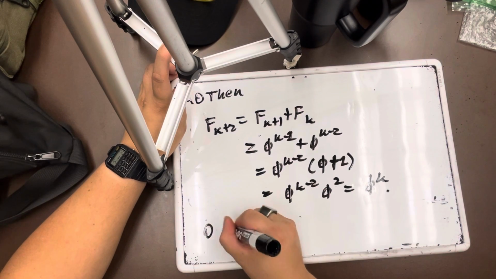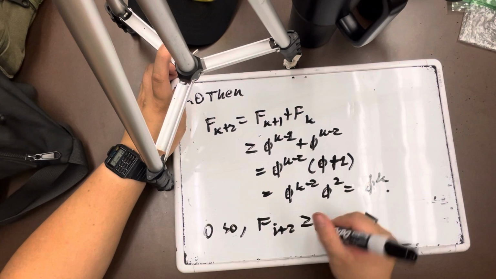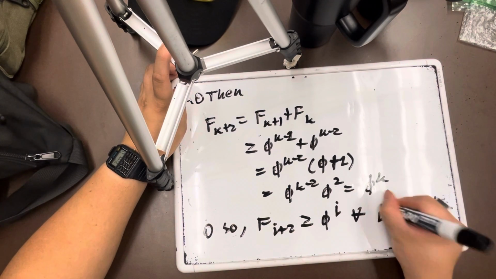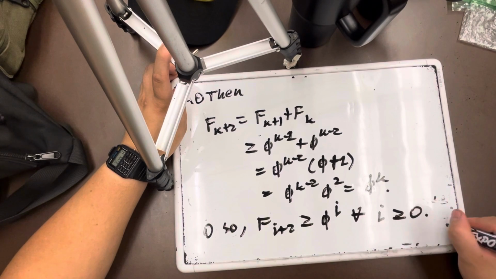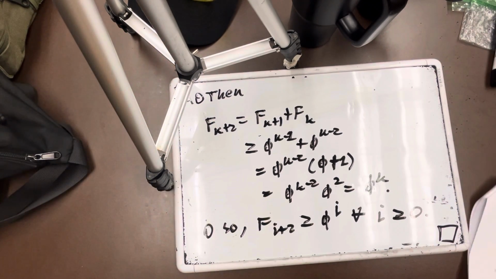So f sub i plus 2 is greater than or equal to phi to the power i for all i greater than or equal to 0. Thus completes what we're looking for, right? So we are good to go for problem 4-5.